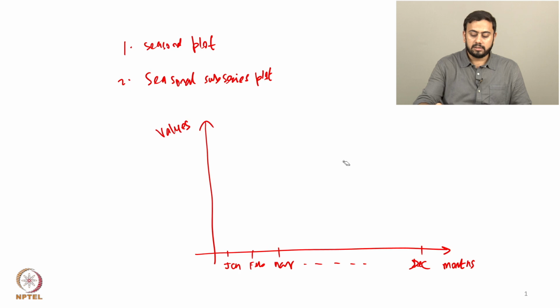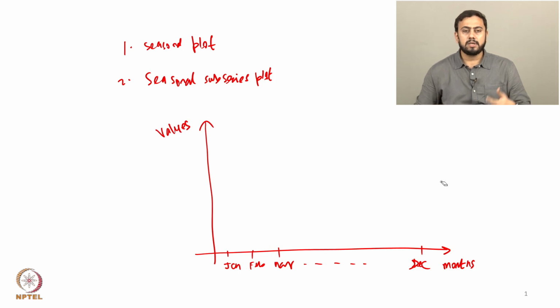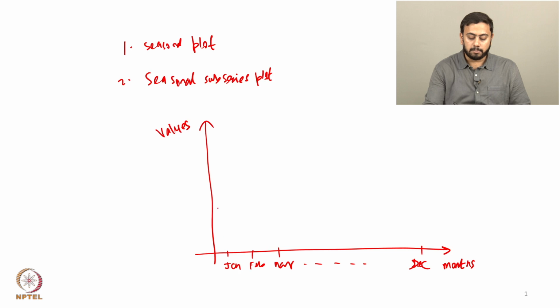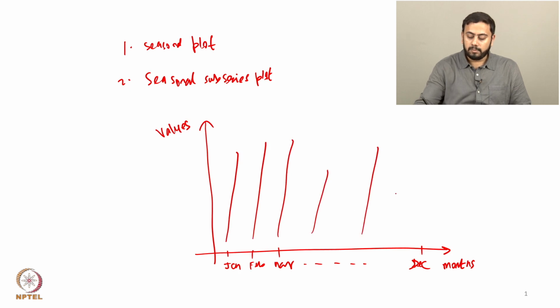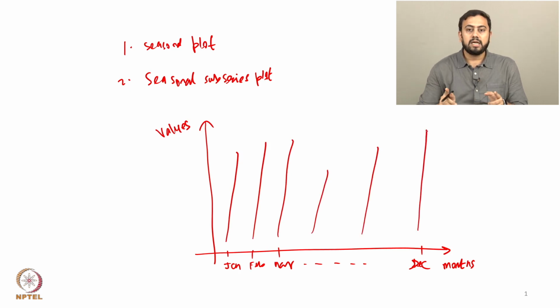If you erase this, the next one was called a seasonal sub series plot. There, if you remember, in a particular month we had individual line plots for that month. These line plots tell you the extent of the data in that month over all the years.